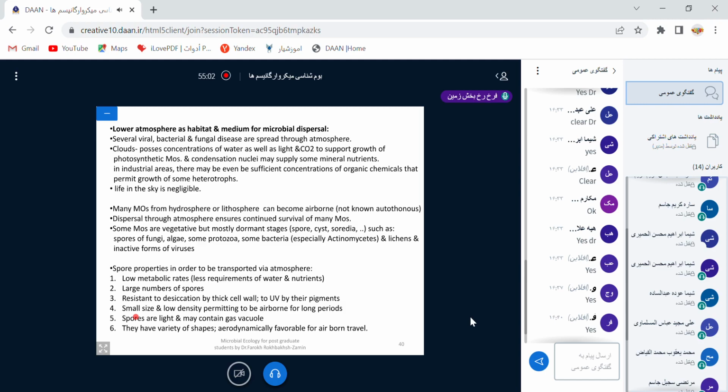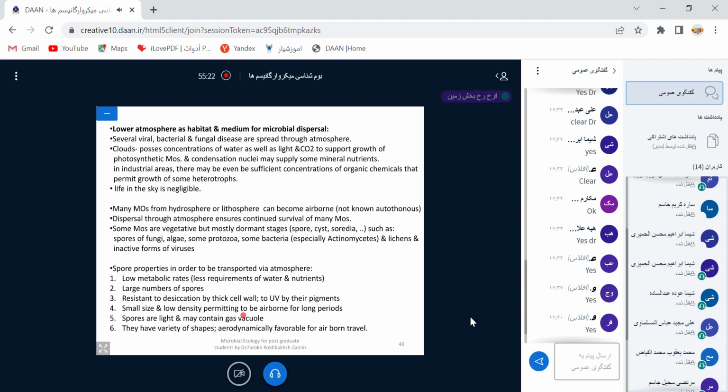They have a small size, so they can very easily float on the air, and low density. With low weight, low density, and small size, floating in the air is easier.